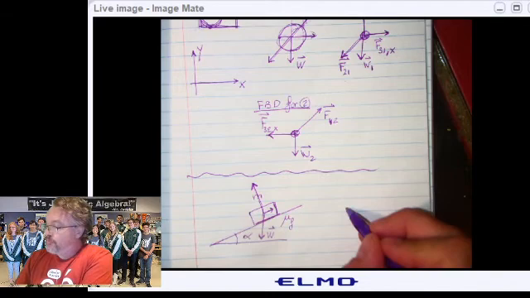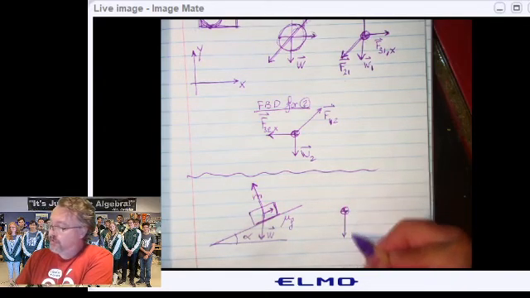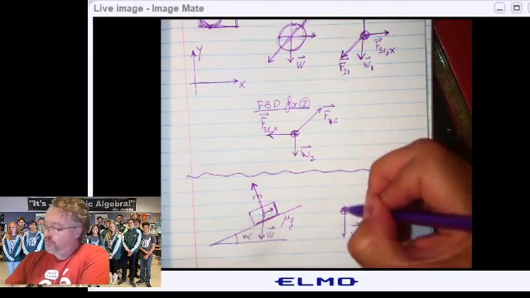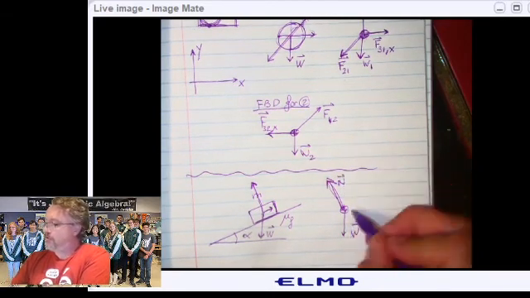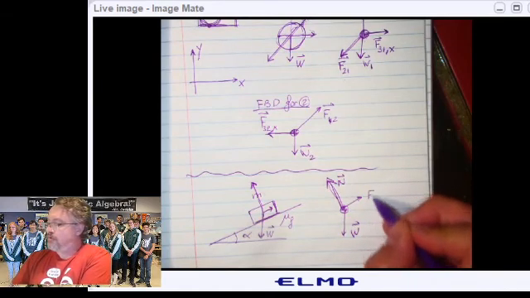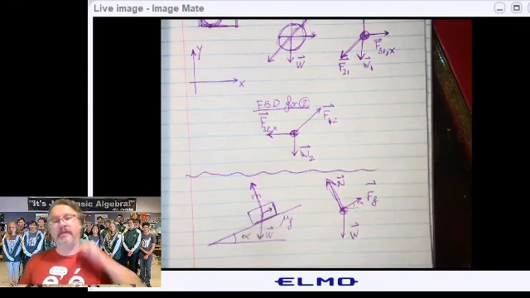So a free body diagram in that case would become something like the weight, the normal force right here, and we would have a force of friction right here that forms an angle alpha with that.